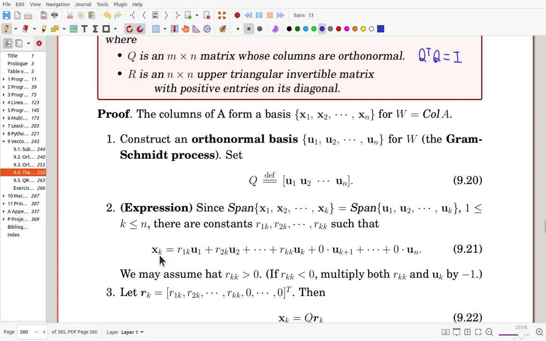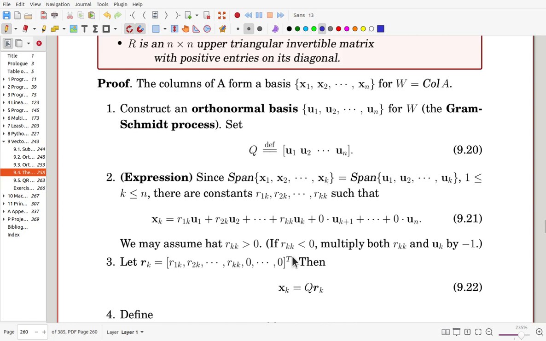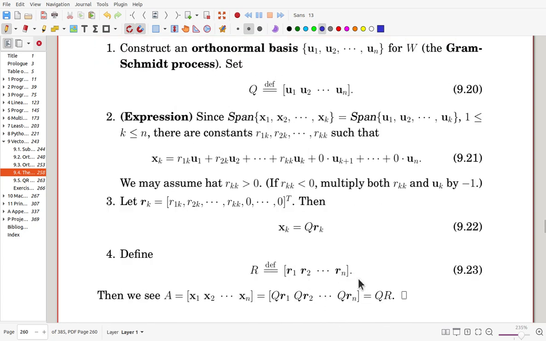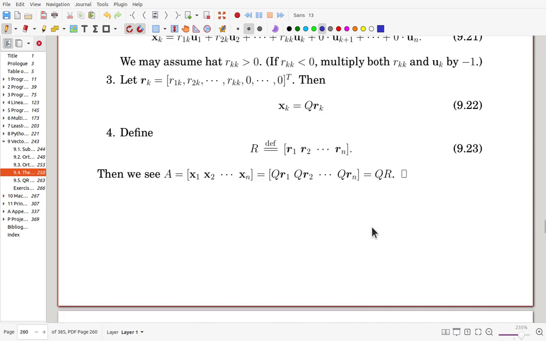Then we can get such an expression for each xk. Now we collect these coefficients, and that will be R. So that's it. The major idea is like that. So we can get QR factorization.